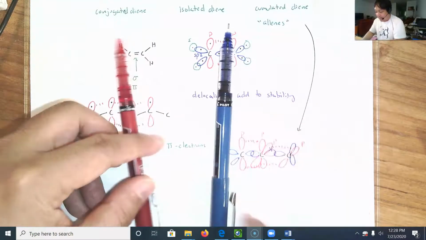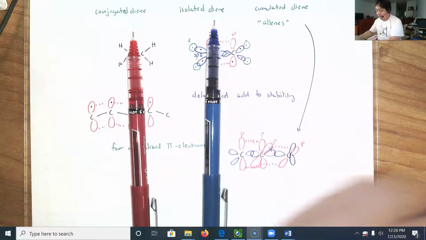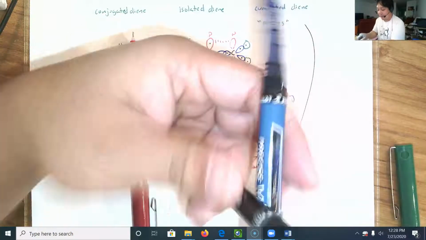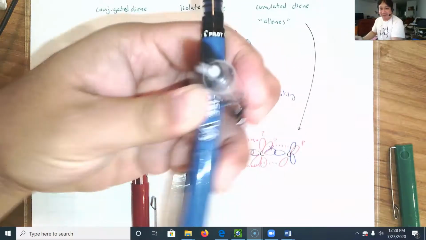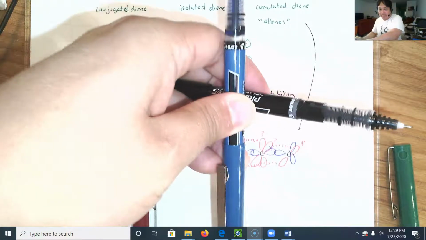But the pi bond between carbon 2 and 3 are actually like this. So you basically have a cross for the middle carbon. This is horrific. We have a cross for the middle carbon. See, there's your cross, two p orbitals.